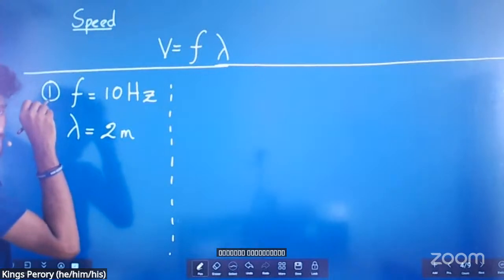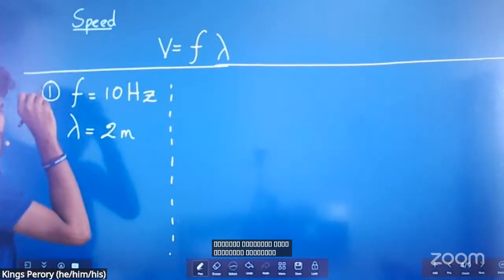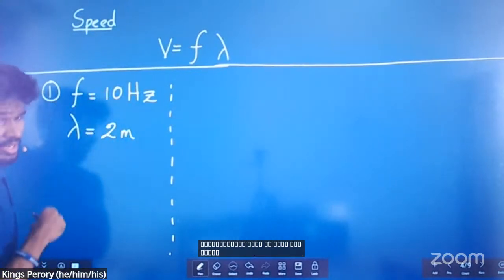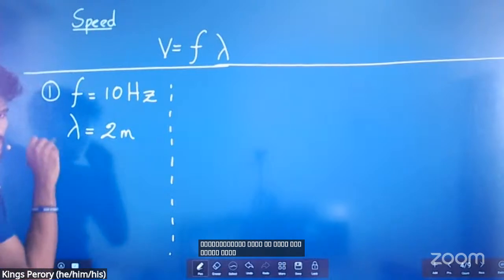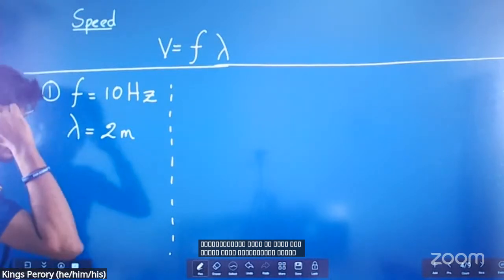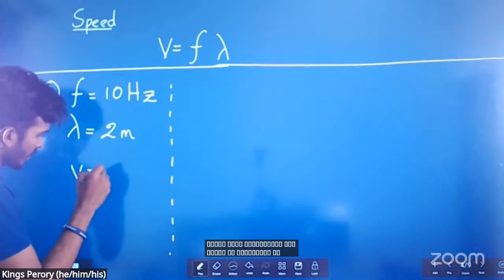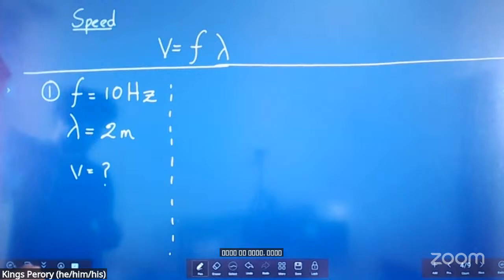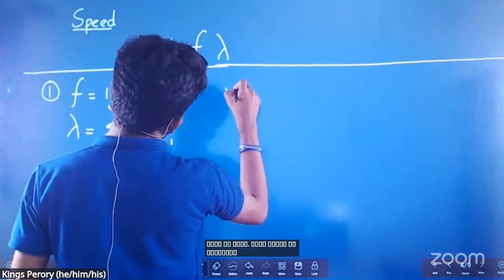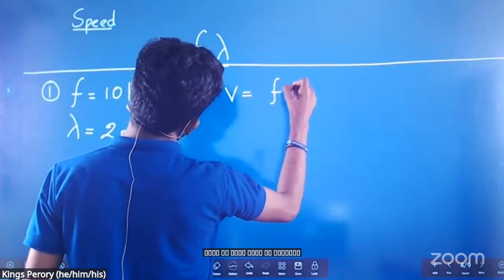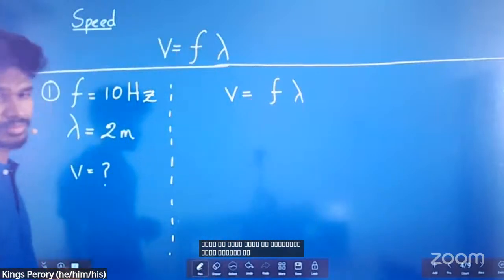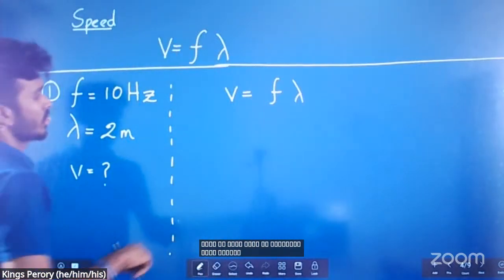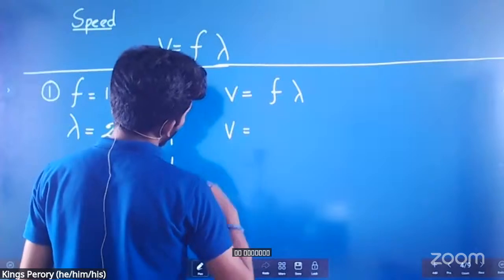First question, read the first question. Frequency of the wave is given, 10 hertz. Wavelength is given, 2 meters. They are asking the speed of the wave. We'll apply the equation v equals f lambda.